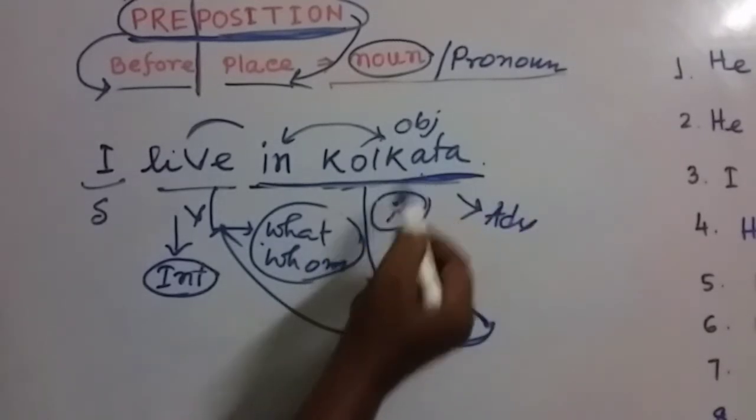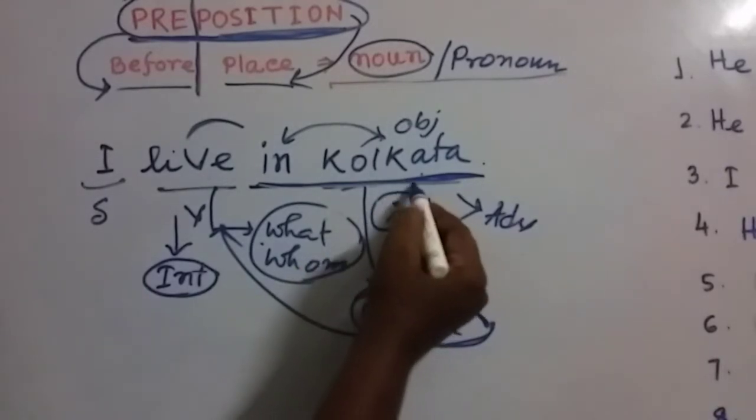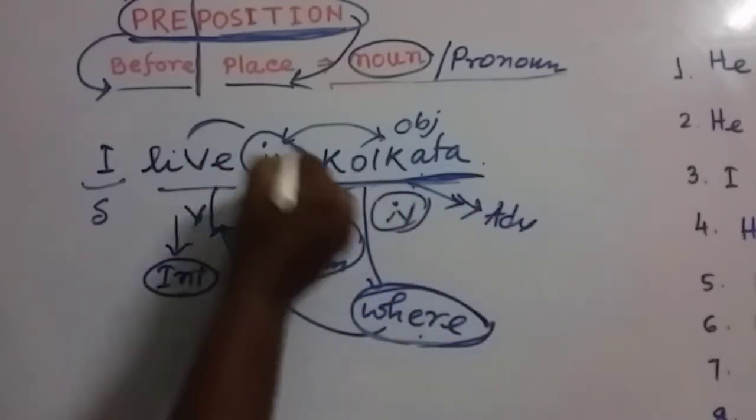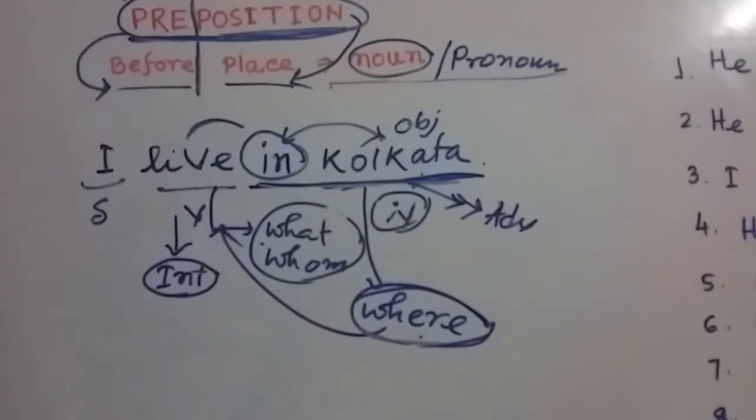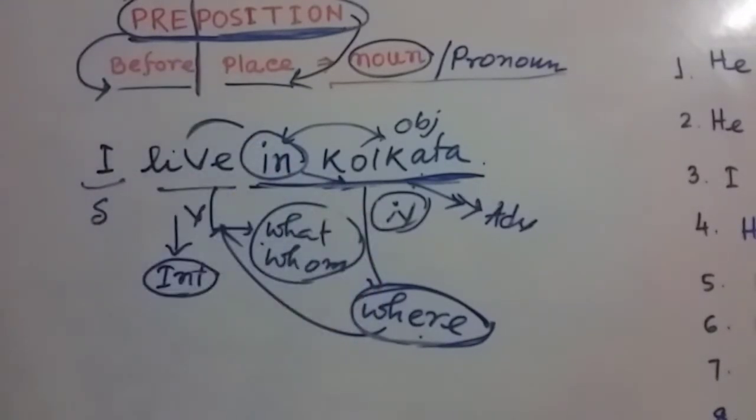Actually, it was a noun, and we changed the behavior of this noun. We change it into an adverb by using this preposition. Actually, my dear friends, this is the main objective, the main activity of the preposition. Preposition just changes the behavior of the noun.